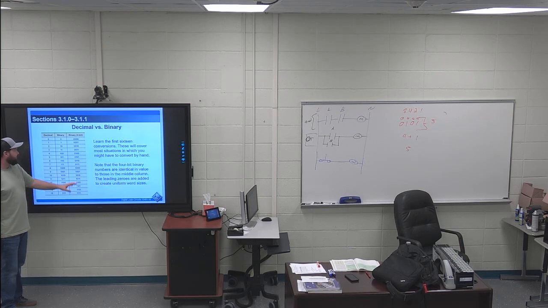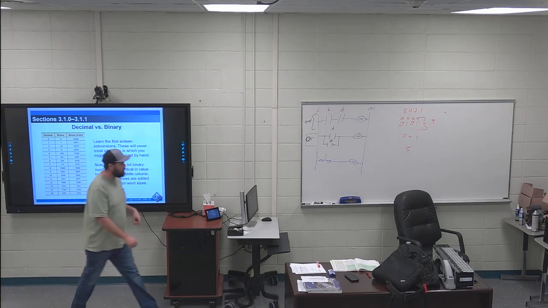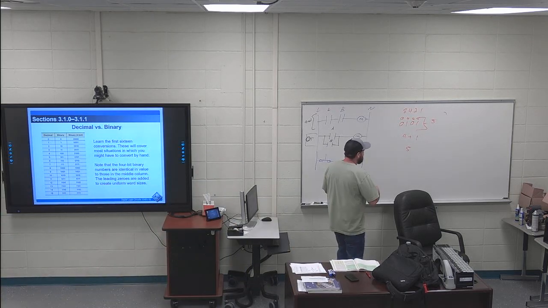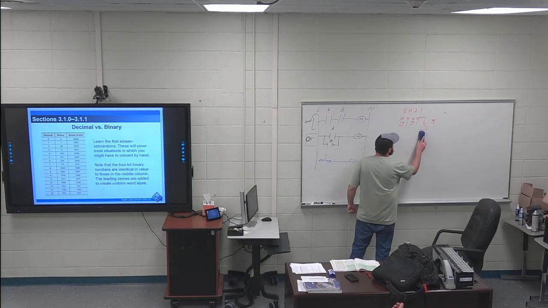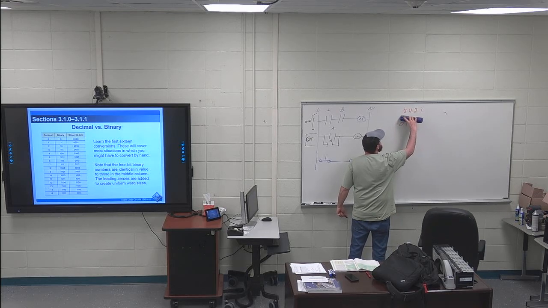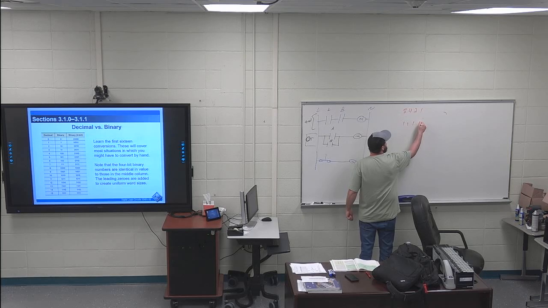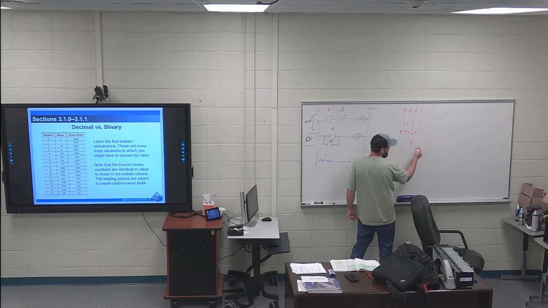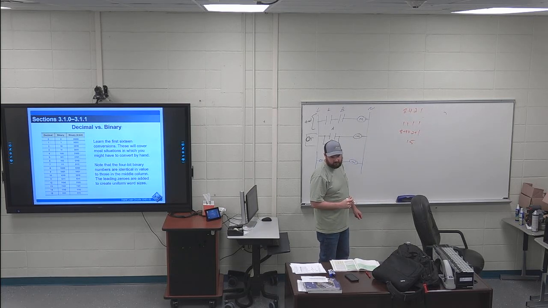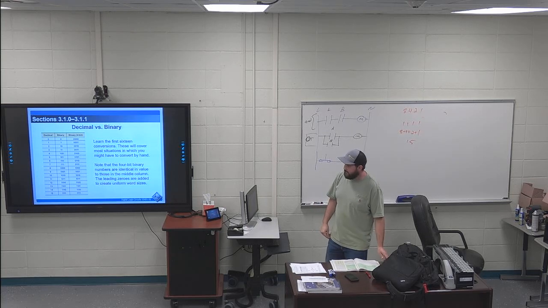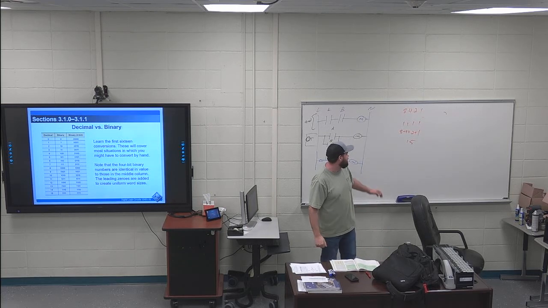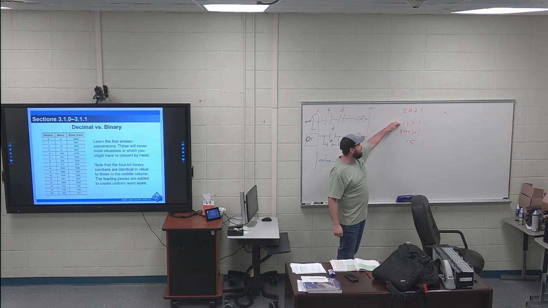So if I have in 4-bit binary 1, 1, 1, 1, I would have 1 plus 2 plus 4 plus 8, which would be 15. Does that make sense? We're just going to talk about how to get between the two. You should know how to get from 4-bit binary into decimal.